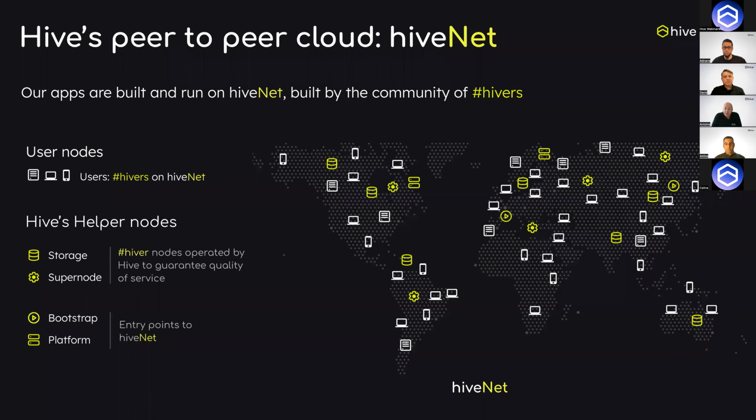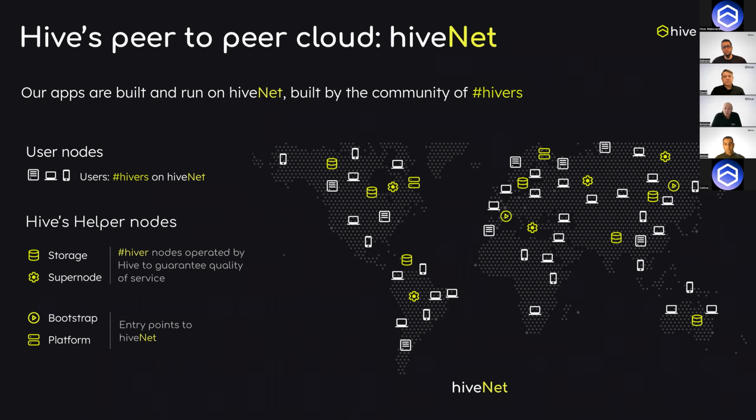The user devices are shown here as user nodes in the network. Data on hiveNet is exchanged directly between users using peer-to-peer technologies. We may add a few other nodes in the network. They are exactly like user nodes and are here to help improve the quality of service of our network. We call them helper nodes.